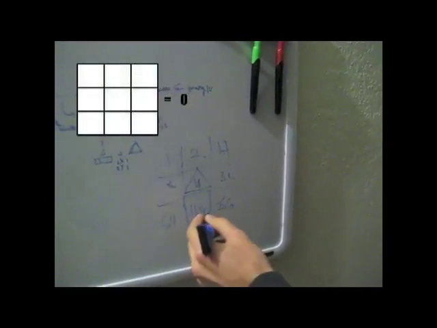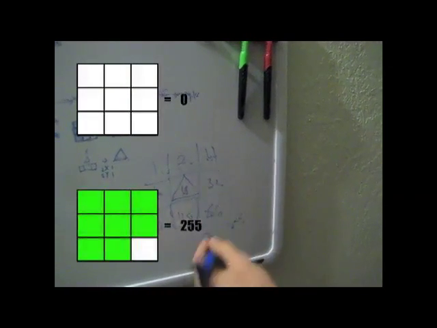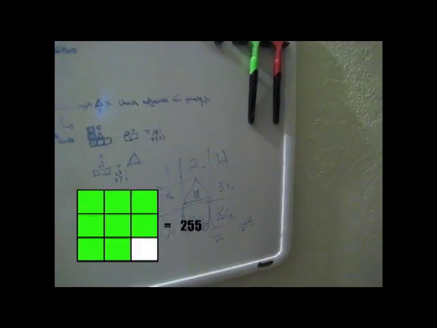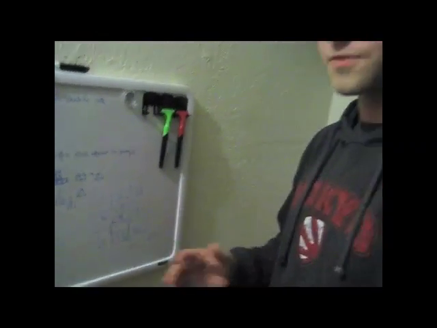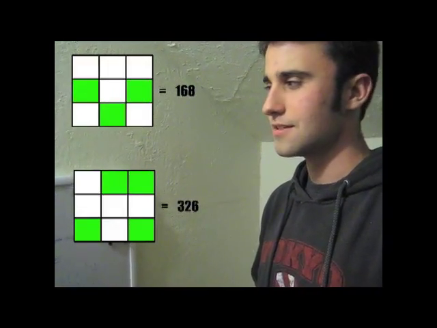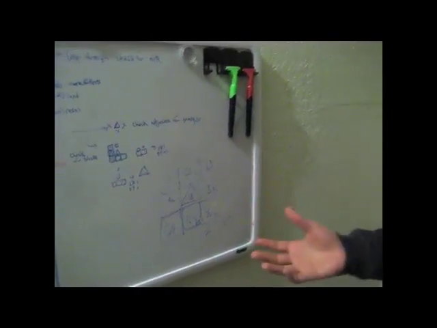If I added all these 8 spaces together, they would be 255, and this space is 256. So there's never going to be some ambiguity in whether or not the value is right, I guess is the way to put it.